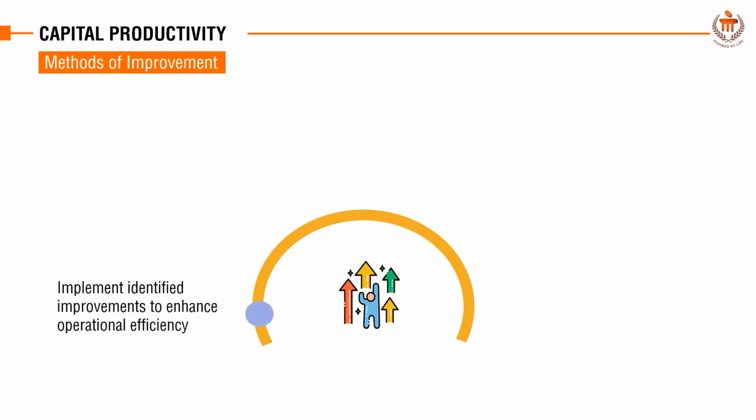In continuation with the methods of improvements, once improved methods have been identified and suggested, the next step is to implement these changes within the organization. This phase is crucial as it transforms theoretical improvements into practical applications that can enhance efficiency and effectiveness in operations.